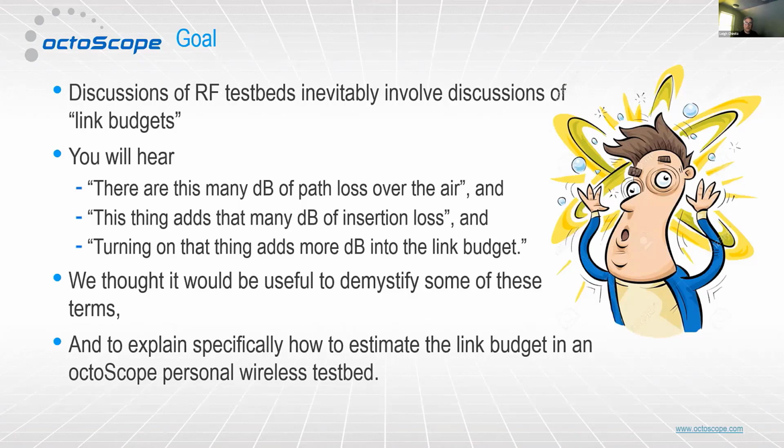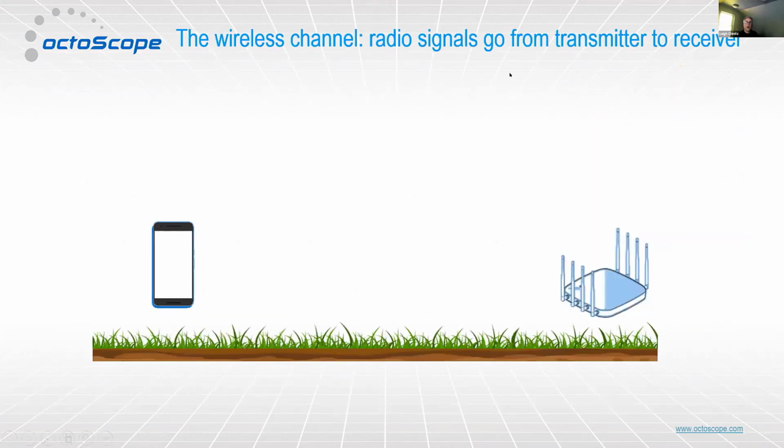So to start off with, we need to introduce the concept of a wireless channel. When people talk about the wireless channel, they're talking about the fact that radio signals go from a transmitter to a receiver, and they can get there in a number of ways. They can get there directly, and I've just labeled this one space.